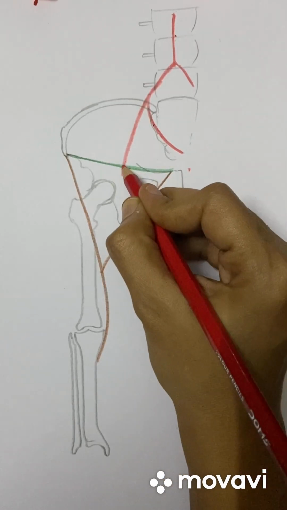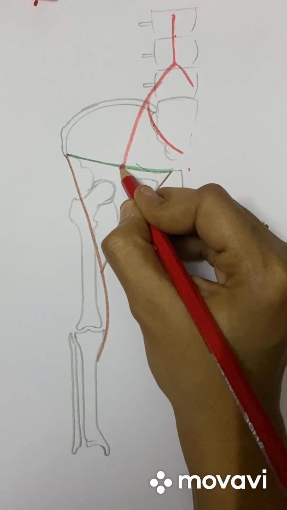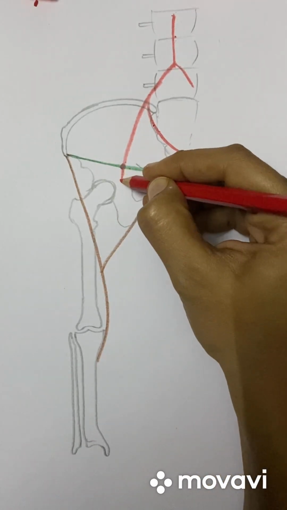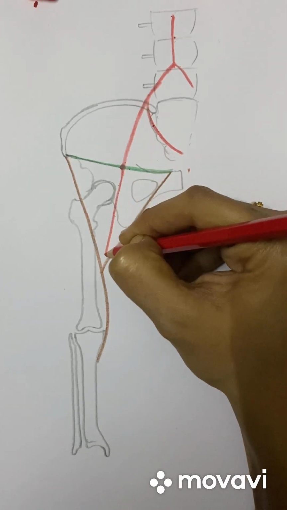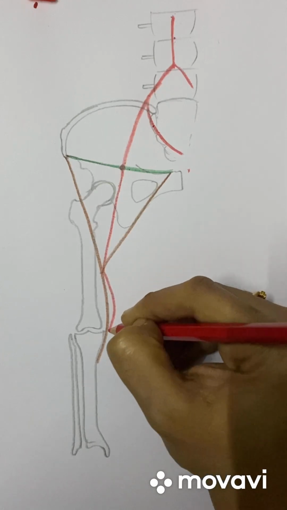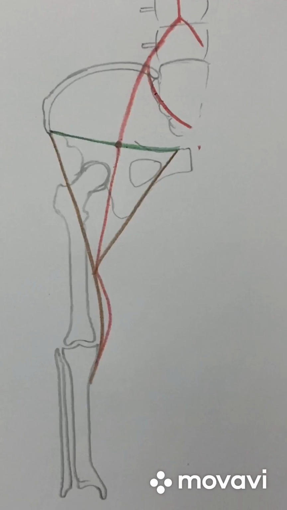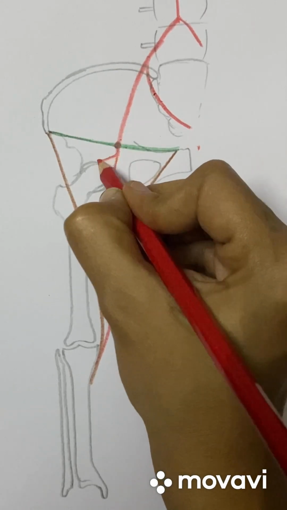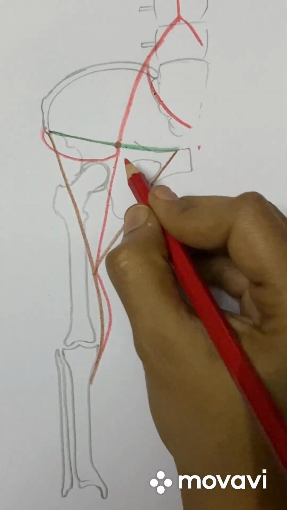At midinguinal point, the midinguinal point is between anterior superior iliac spine and pubic symphysis. So this is femoral artery which crosses the triangle from midinguinal point to the apex of femoral triangle. Then it runs in the adductor canal, goes behind the knee joint into popliteal fossa as popliteal artery.